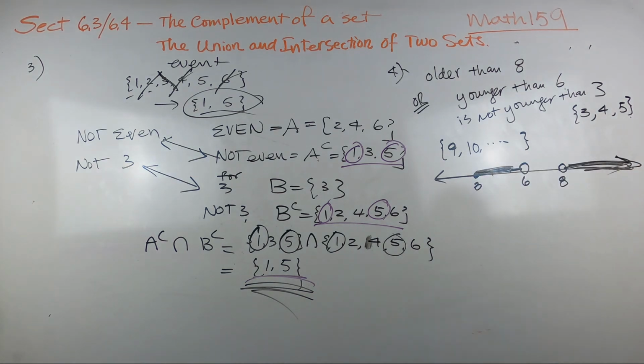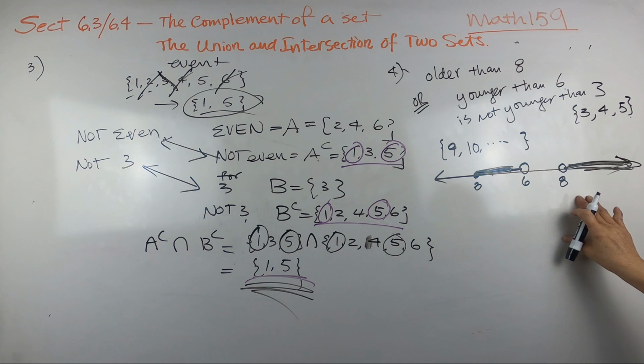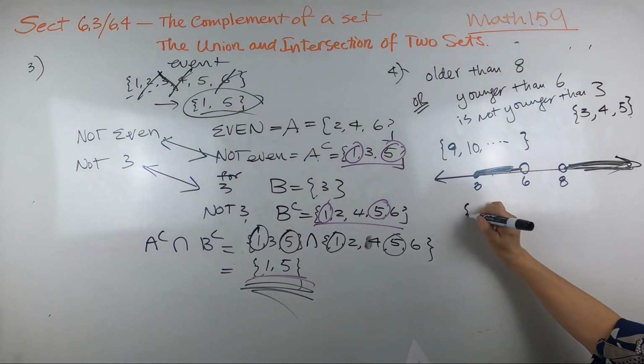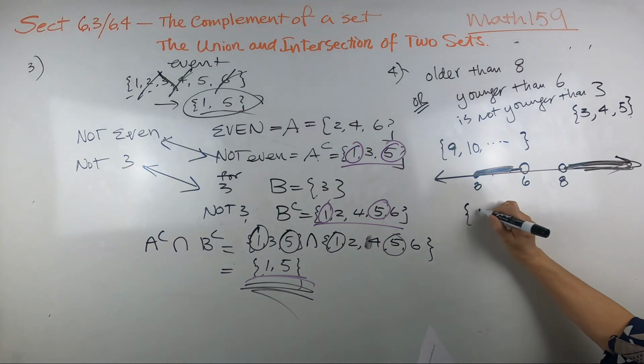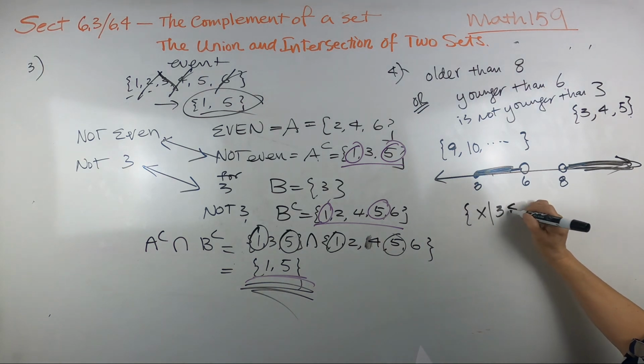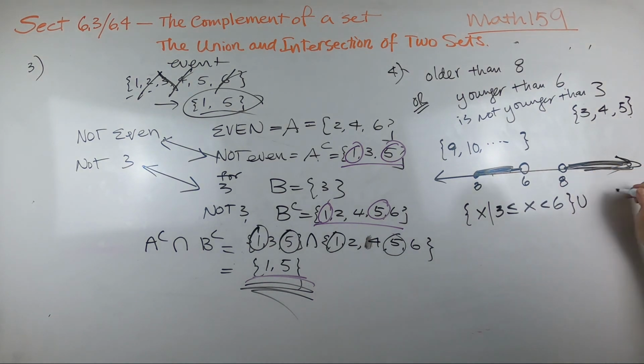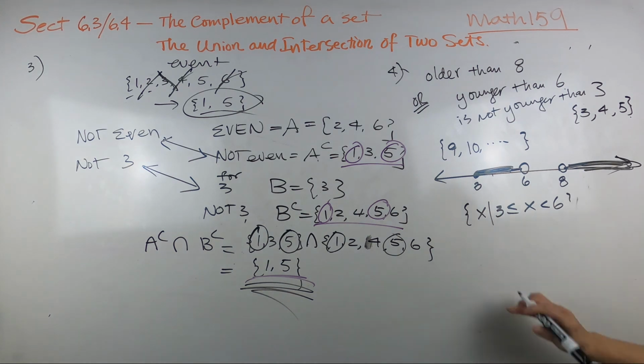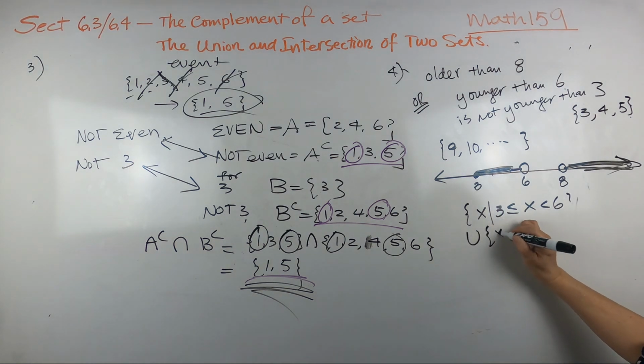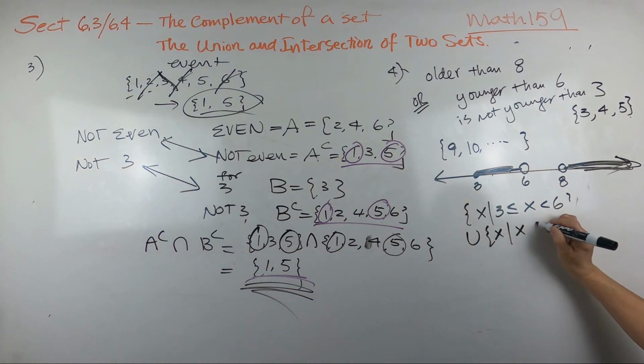In set notation, X is 3 less than X less than 6, union X bigger than 8.